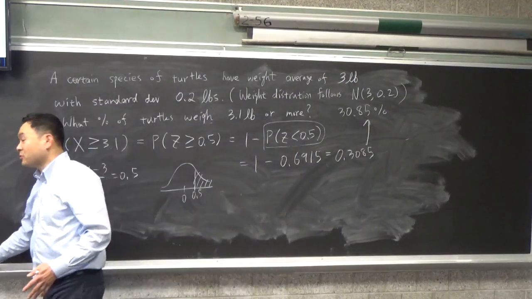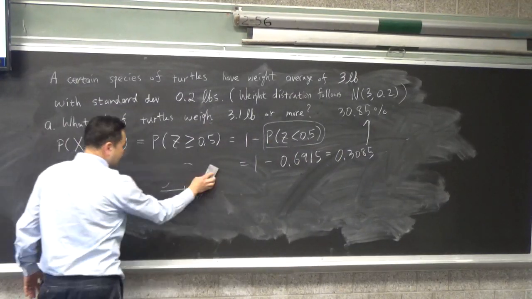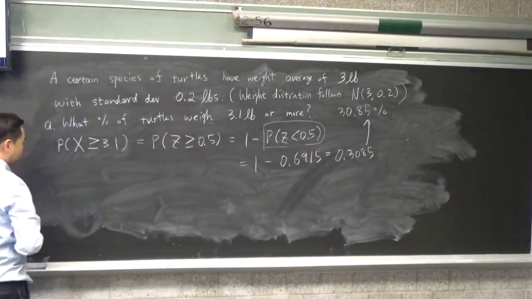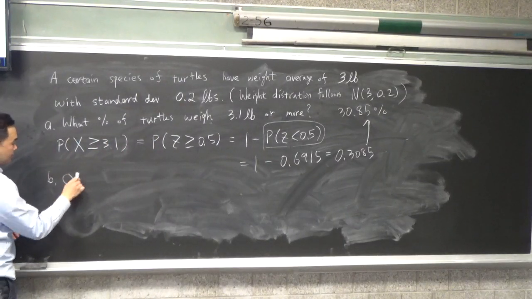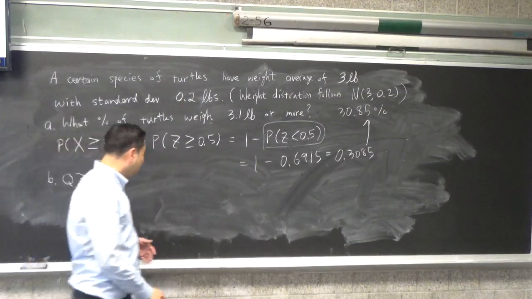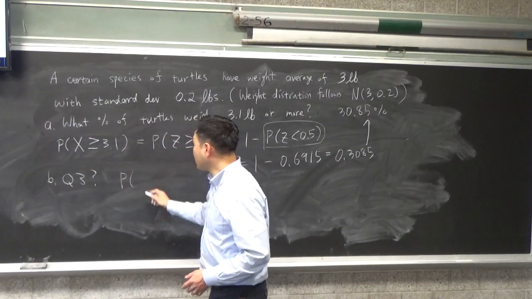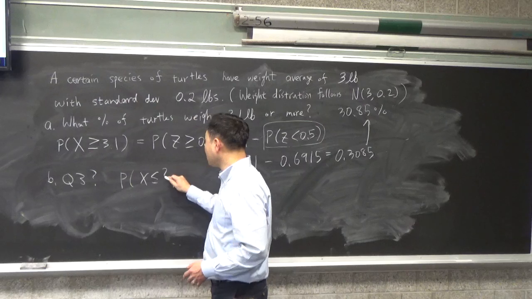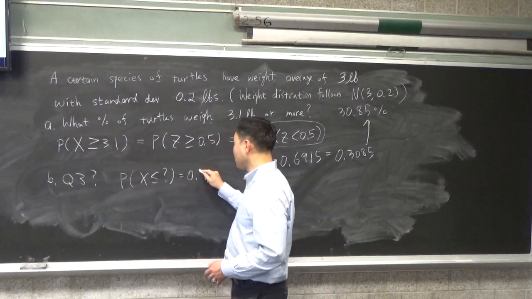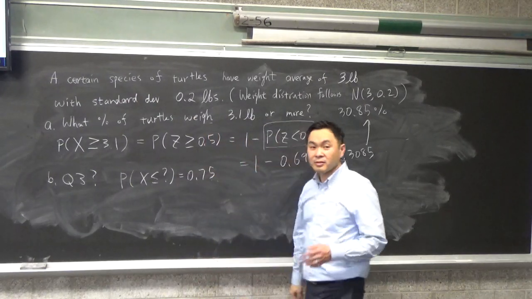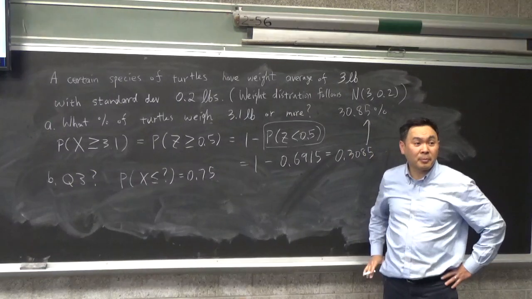Now let's do the opposite. How do you find Q3? Well, that'll be the probability that x is less than something has to be 75%, right? Do you agree?